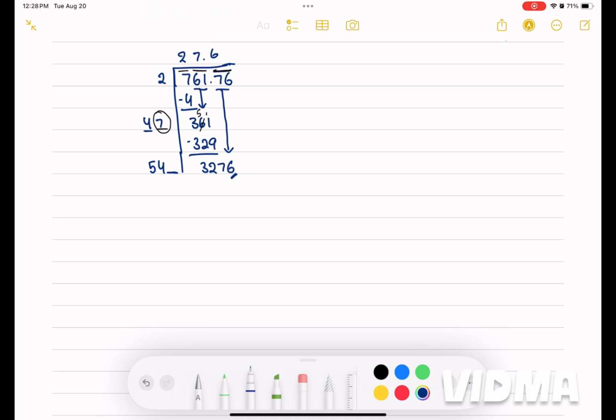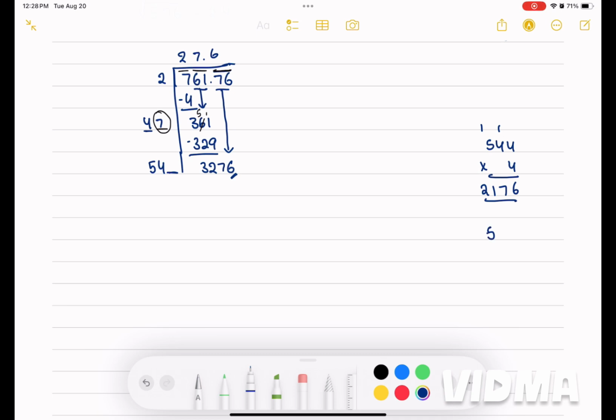Now the last digit here, the units digit here is 6. So 4 4s are 16, and 6 6s are 36. So let's just try with 4 first. 544 into 4. Nope. So our answer should be 6.